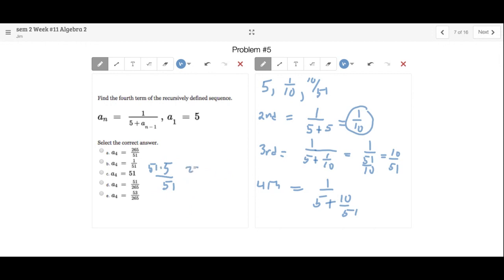So I think that gave me 225, wasn't it? Plus 10 over 51. That gave me 235. Or is that wrong? 51 times 5. That's 225. So that's right. So that's 235. Nope, that doesn't look right.